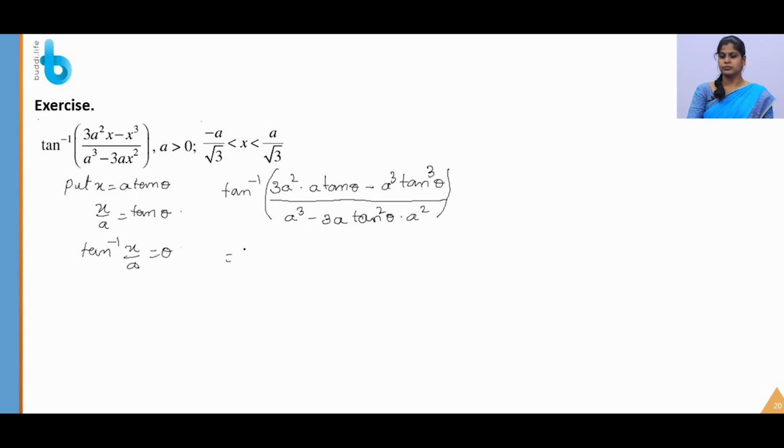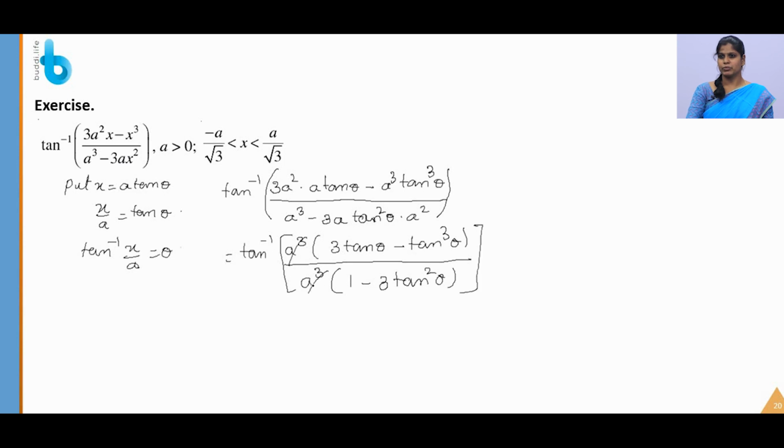Now tan inverse of, here we have a square into a, giving a cube, and here also a cube, so we take a cube common: 3 tan theta minus tan cube theta, divided by, in the denominator also a cube common, 1 minus 3 tan square theta.